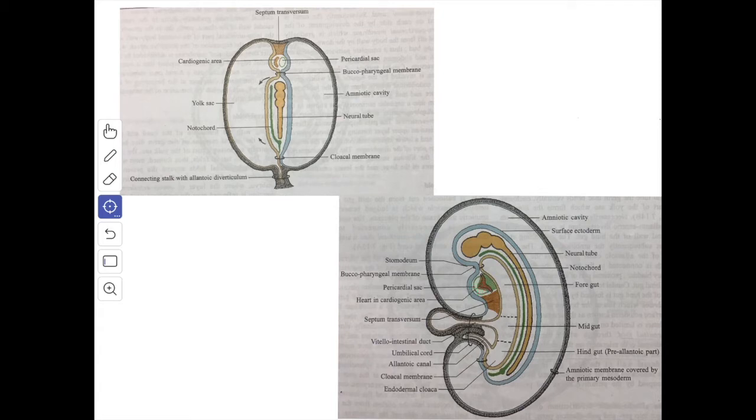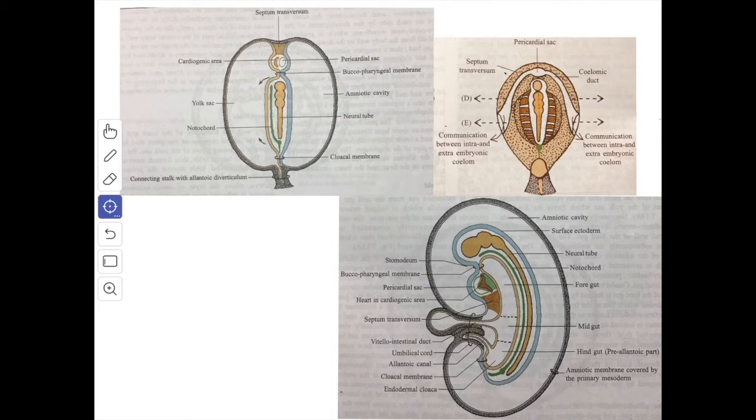Hence, this area of mesodermal cells is known as the cardiogenic plate. The septum transversum is a mesodermal sheet which lies caudal to the pericardial sac and the heart and extends from the body wall to the ventral surface of the foregut.